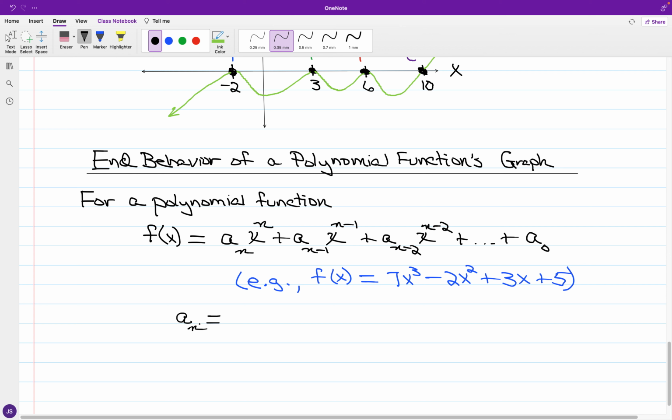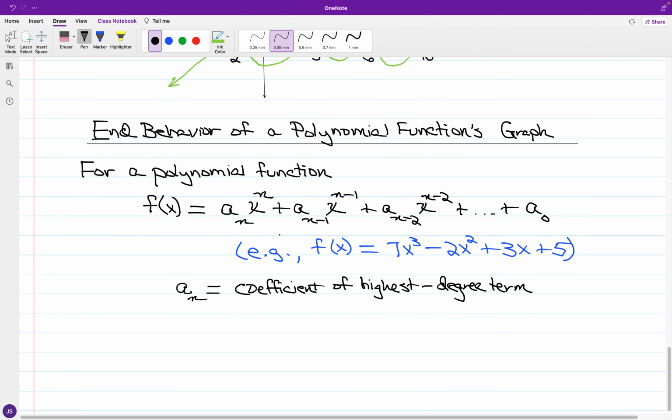You'll usually see it at the front in most of the exercises, but there can be some counterexamples. So a of n will be the coefficient of the highest degree term, and n is going to be the highest degree, which is going to be the degree of the function.